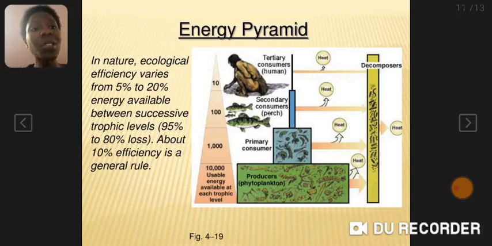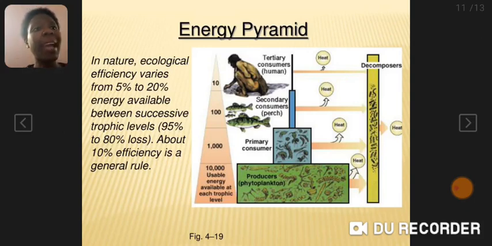And all the secondary consumers that fed from primary consumers got only 100 kilojoules. And all the tertiary consumers feeding on the secondary got only 10%. So from this illustration, it's a 10% rule, because 10% is what they are each getting along the food chain. So it's decreasing as it's going up.